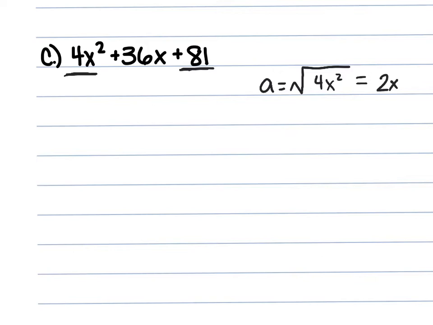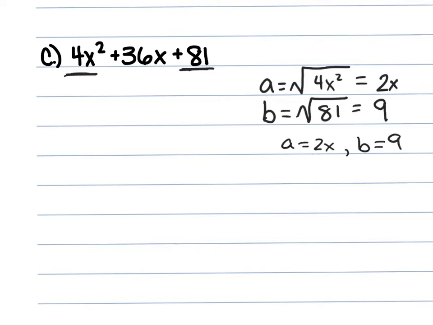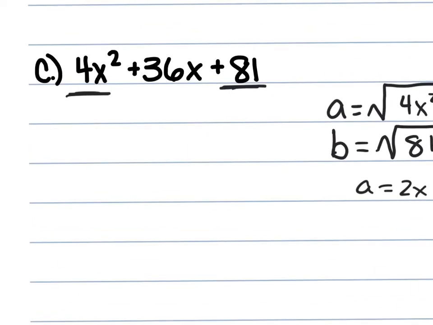I'm going to do the same thing for B. The square root of 81 is equal to 9. So now I know that A is equal to 2x and B is equal to 9. I've got my A and I've got my B. Here's a plus, so I'm going to use my formula because now I have to check it.